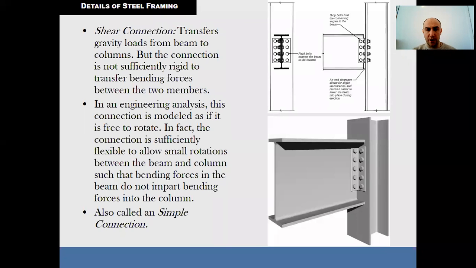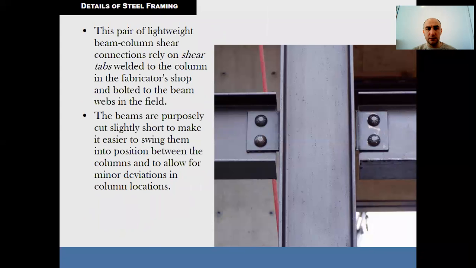Okay, next. The most common types are angle and plate connections, which use either an angle bracket or plate to connect the flange of the parent member to the web of the second member.